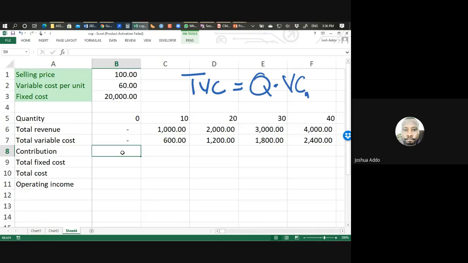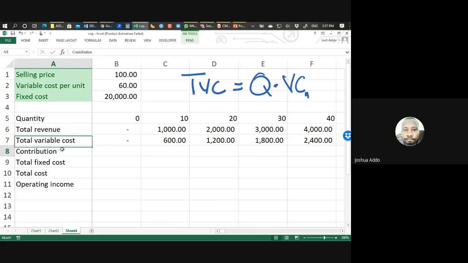Okay, so contribution is selling price minus variable costs. Contribution per unit is selling price per unit minus variable cost per unit. Total contribution is total sales revenue minus total variable cost. So contribution per the model we are doing is simply revenue minus variable costs.